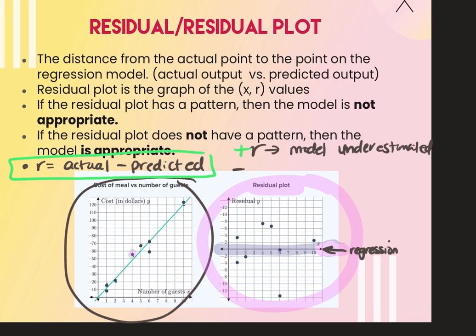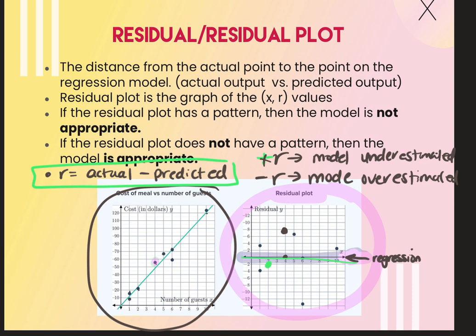If the R is negative, then the model overestimated. And think about again why. If it's positive, then the actual was above the line. So the line was an underestimate. If it's negative, it would mean that the actual was under the line. So the model overestimated it.